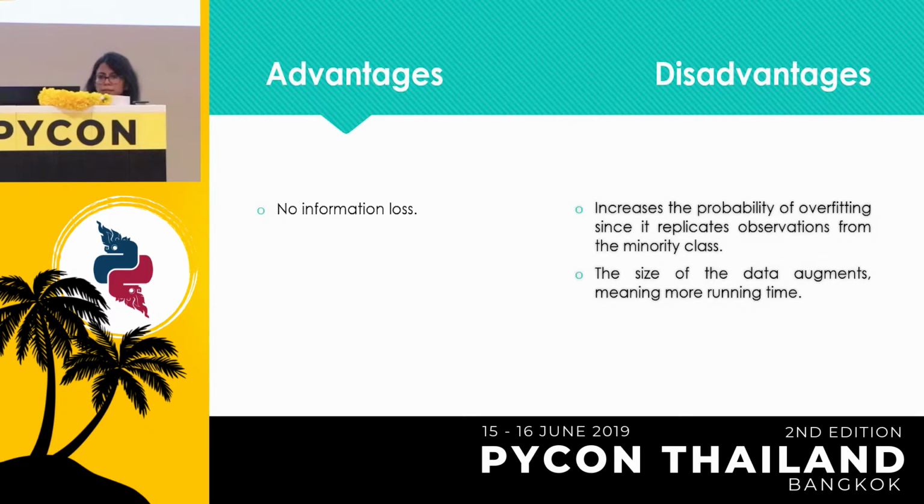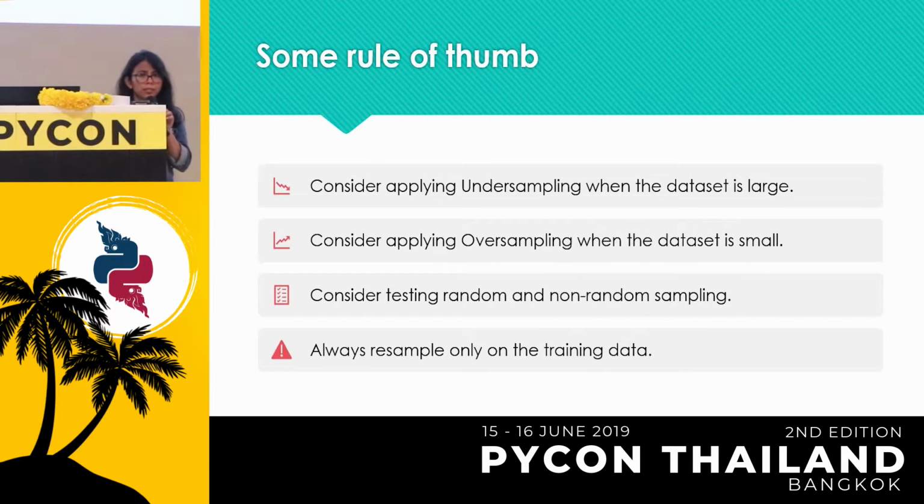Just to leave these two techniques: if we have a data set that is quite large, we can consider using undersampling techniques to balance the data set, or in the case that we have a very small data set, we can consider oversampling as well.